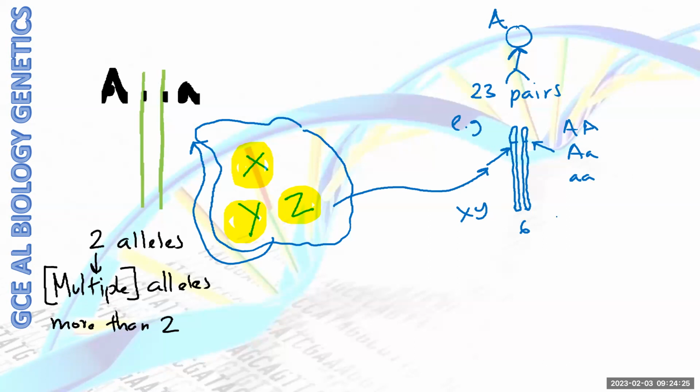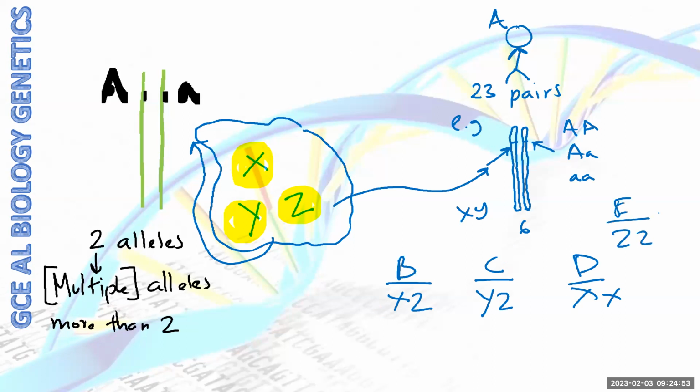There's another person, B, who can take X and Z. Person C can take Y and Z. Or maybe person D has X and X, and person E can take Z and Z. So it is distributed among every person, only 2 alleles, but in different combinations.